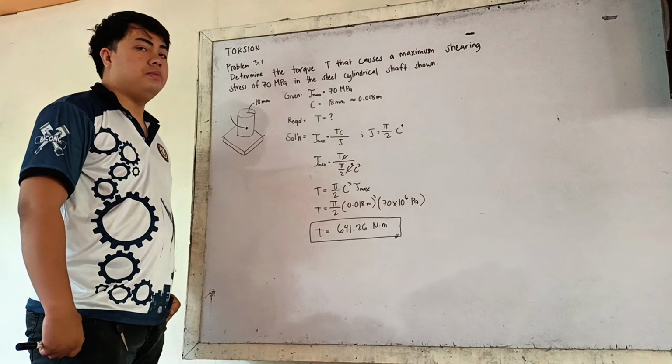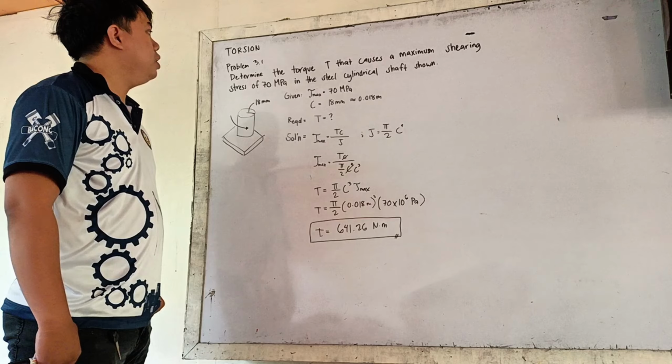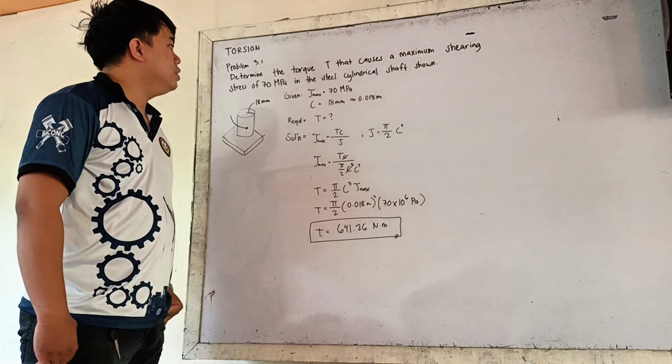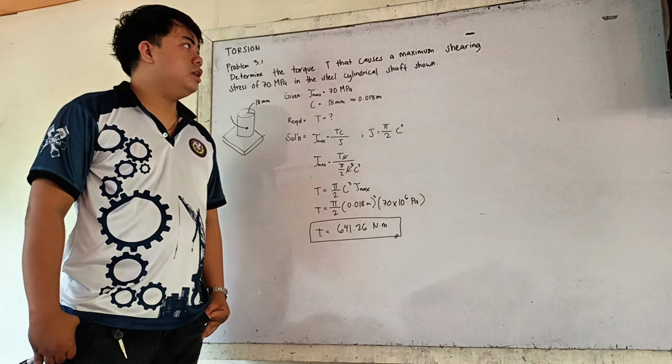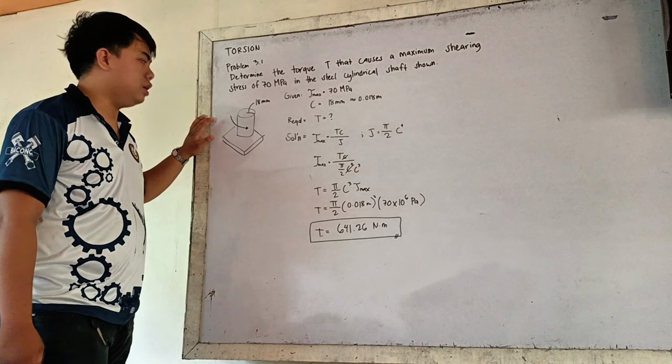So in this problem 3.1, determine the torque T that causes a maximum shear stress of 70 MPa in the steel cylindrical shaft shown. So this is our steel cylindrical shaft.